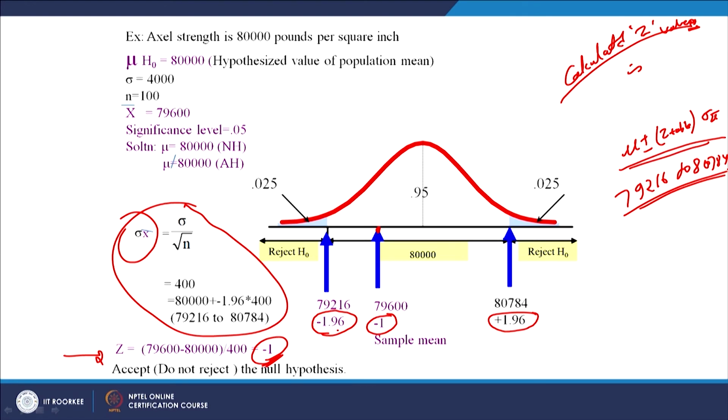Now, just check, is your sample mean lying in this region? Is the sample mean falling within these limits? 79600, yes. So, we will not reject the null hypothesis.